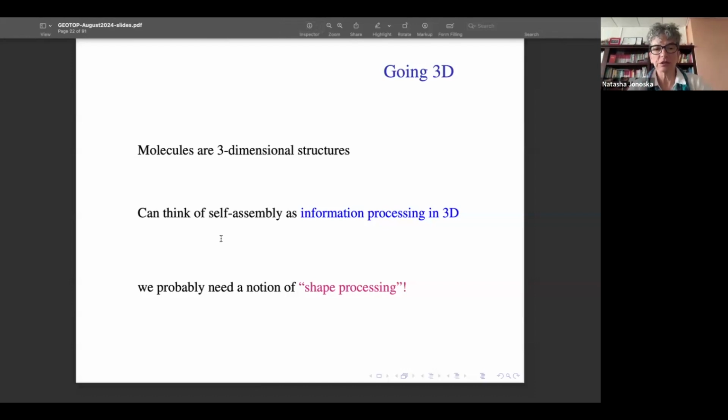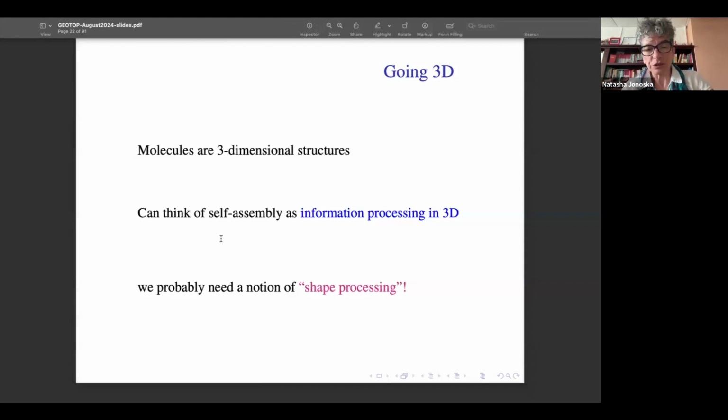Everything is, in fact, transcribed through zeros and ones. When we think about molecular self-assembly, I would like to think about three-dimensional structures and some kind of shape processing. I'm not sure that we actually have a good mathematical notion for that.